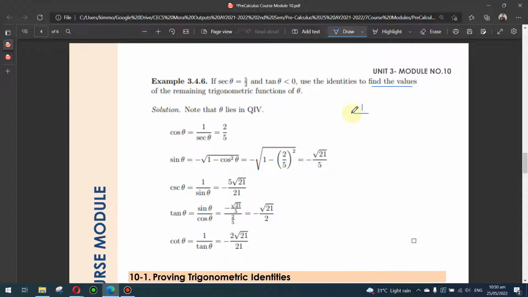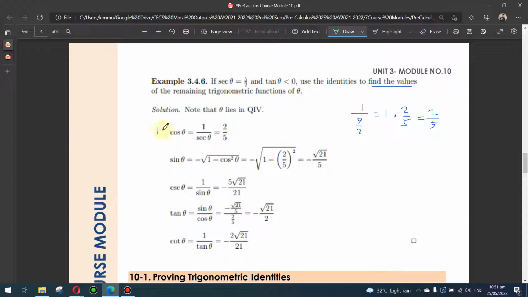This is actually equal to 1 times, no, numerator times the reciprocal of our denominator. Baliktad ani niya. So, that is 2 over 5. So, this is 1 times 2 is 2. Ngayon, natin denominator na 5. So, we have 2 over 5 ang atong value sa atong cosine.